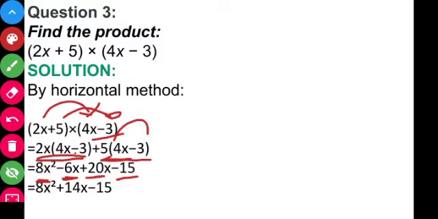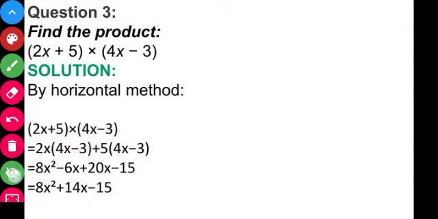So now 8x square, and here 20x minus 6x is 14x, and minus 15. So this will be the answer. Understand? Now come to the next question. Question number 11. Similarly, you can do all the similar questions.